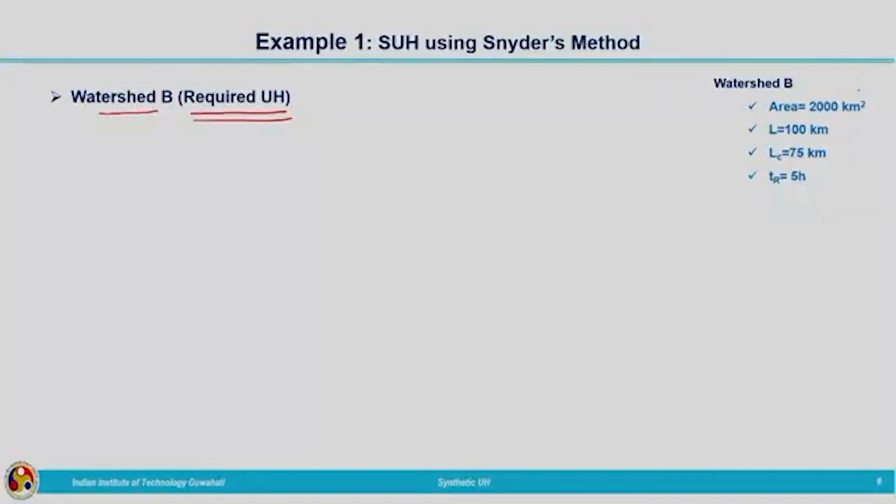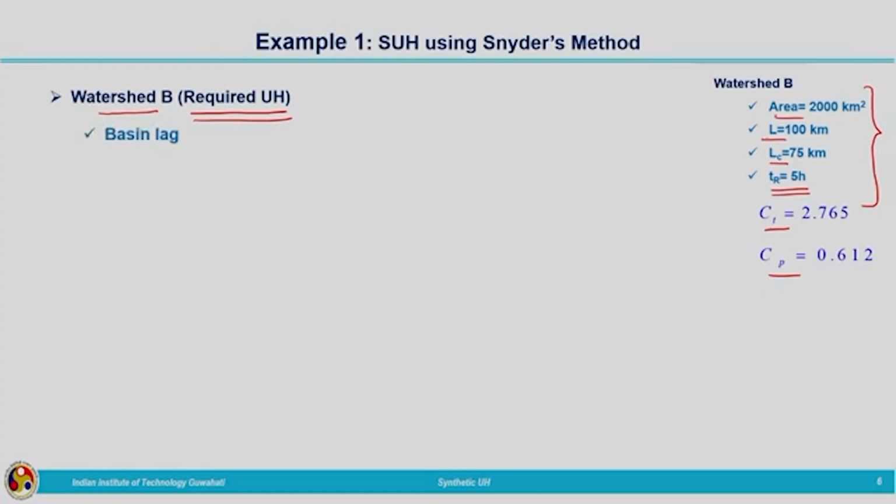And watershed B has these characteristics: area, length of the mainstream, Lc, we know already, and we need to derive a unit hydrograph from an effective rainfall having a duration of 5 hours. So, here we are going to derive a 5 hour synthetic unit hydrograph. The values for Ct and Cp we have already found out. These values can be utilized here.